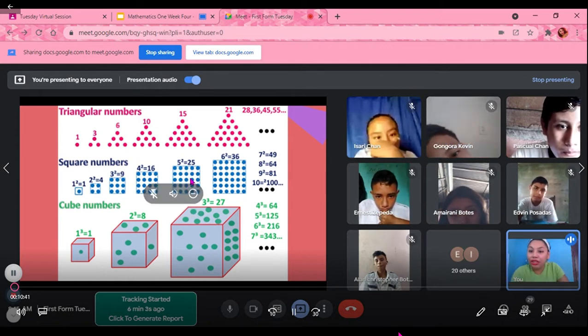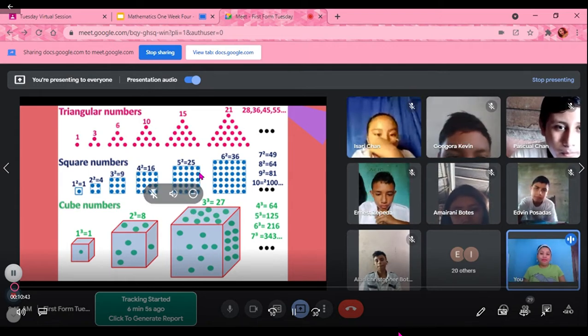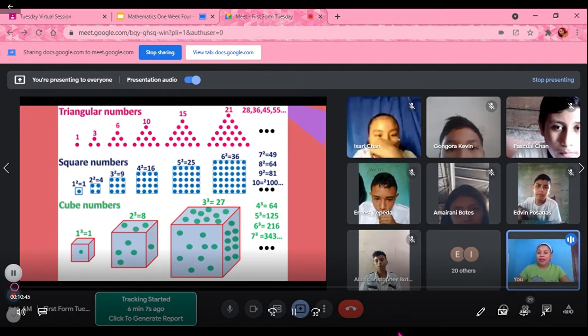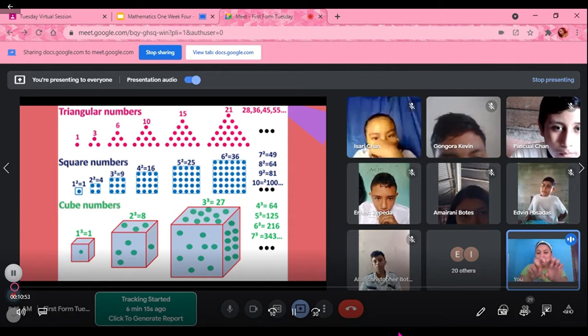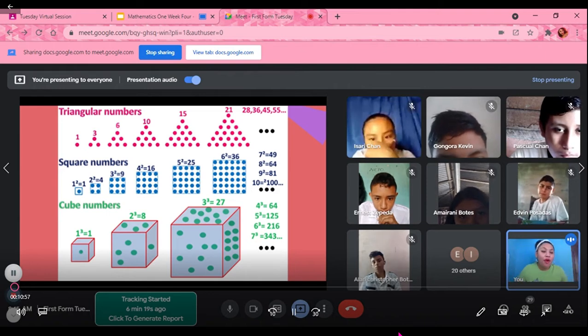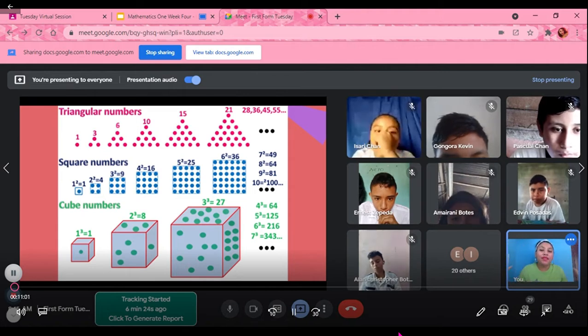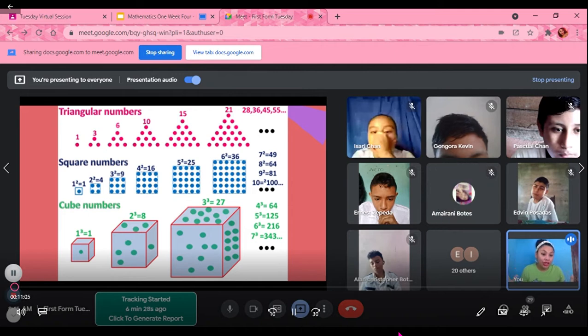If you guys have tried to make a pyramid, you have to have 4 at the bottom, 3 on the next row, 2 on the following row, and 1 on the first row, right? If I start with 6 at the bottom, then I put 5, then 4, then 3, then 2, then 1. When I add all of those things, that gives me a triangular number. That is what we call a triangular number.